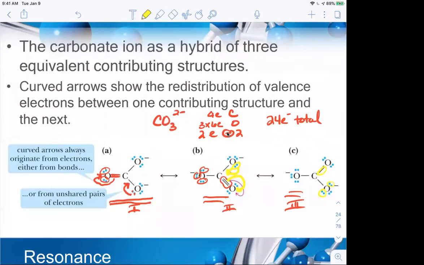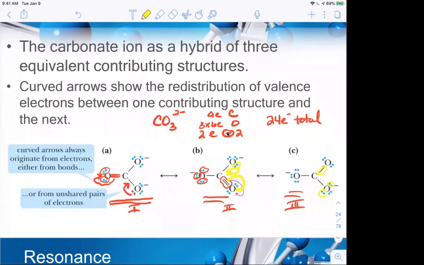So again, you should be able to draw the carbonate ion or something like it, and then you should be able to shift electrons using the curved arrows in order to show how I get from one resonance structure to another. This takes practice.